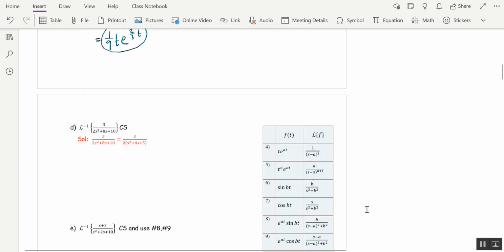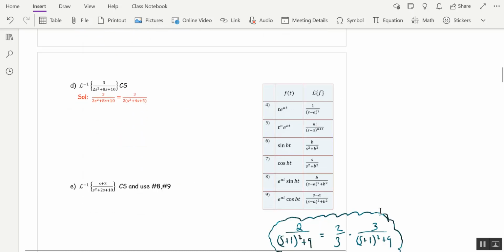Okay, now 3 a little bit tougher ones. L inverse of this expression here, CS stands for complete the square. So whenever you complete the square, you want your leading coefficient of the quadratic term to be 1. And so the first thing I did, I left off the L inverse. I'm just going to complete the square here. I pulled this 2 out. Okay, and now I'm ready to complete the square. I've got a 3 on top.